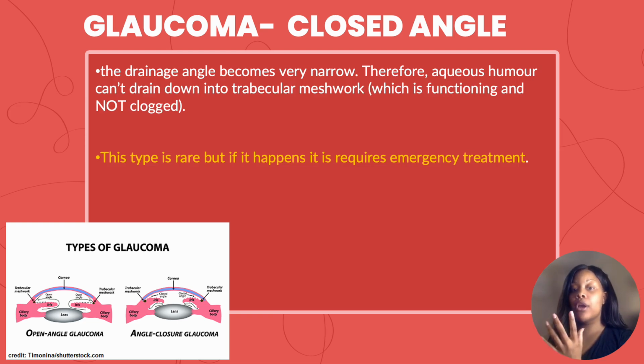Your meshwork, your drainage system, is actually working, but the angle is so narrow that the fluid can't get through. This is very rare, but if it does happen, it needs emergency treatment before the patient loses their vision. So this one is very, very big that you need to know, even though it doesn't happen as often, because if it happens, it is a serious matter.